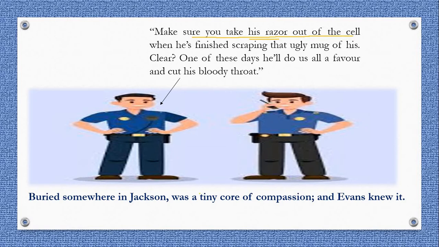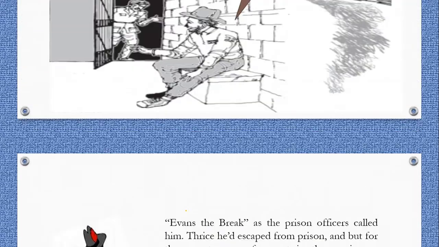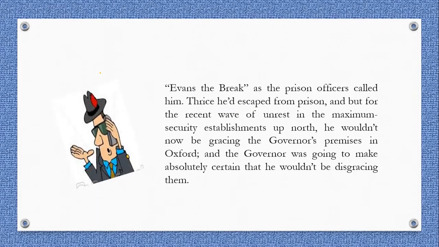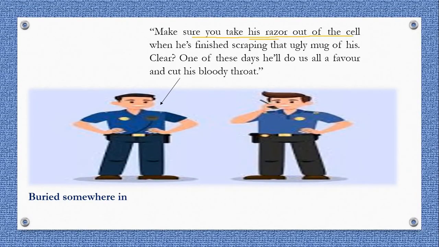Jackson ordered Evans to take off his hat but left it because Evans requested him not to do so as it was his lucky hat for the exam. All sorts of arrangements were made to keep a check on Evans. Even a microphone was placed in his cell.